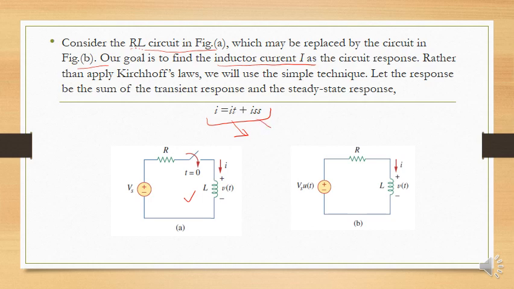Similarly, the steady state response, one response is before time t is equal to 0, t less than 0, and one was at t infinite. So when we close the switch, our circuit will look like this.